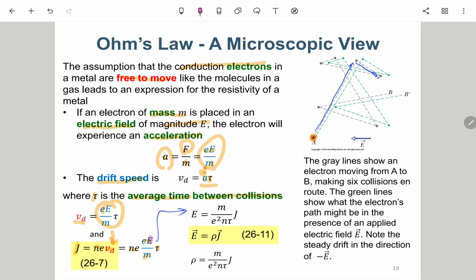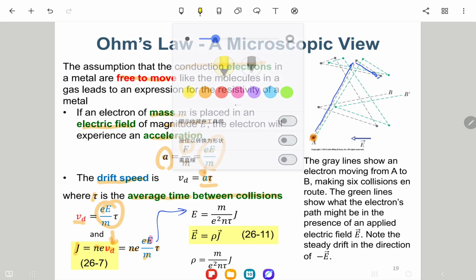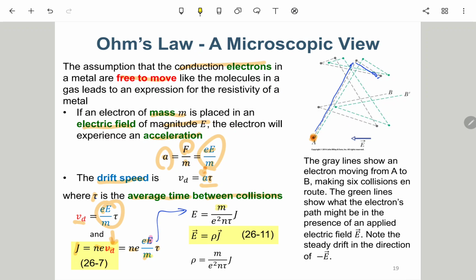So this m goes to here, and then e squared goes to here, n goes to here, tau goes to here. Of course, we have a J on the other side. From here to here is nothing but some algebraic computation. So it means that we have E equals something times J.